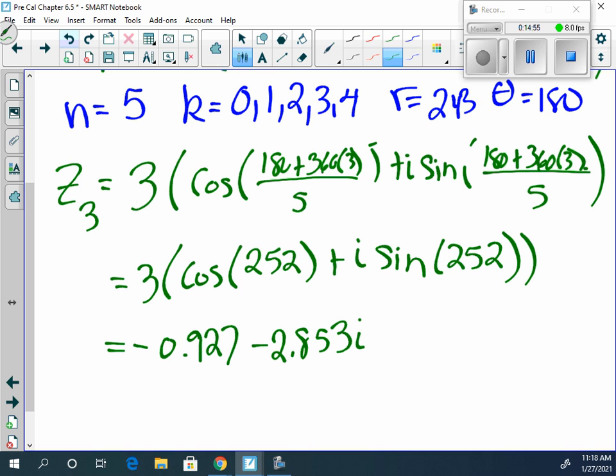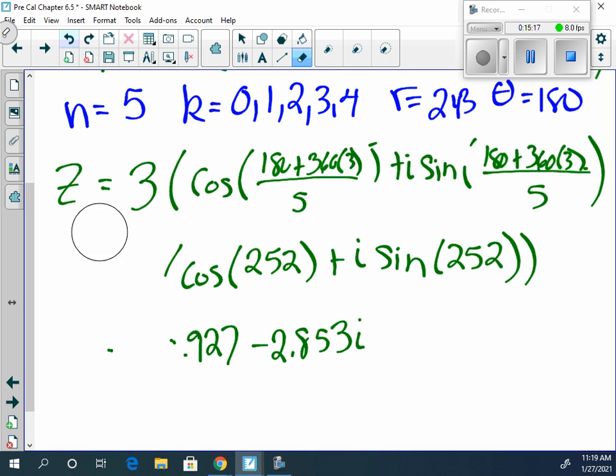Z1 is in the first one. Right. Okay. And this is what we should get for this last one: 2.42 minus 1.763.